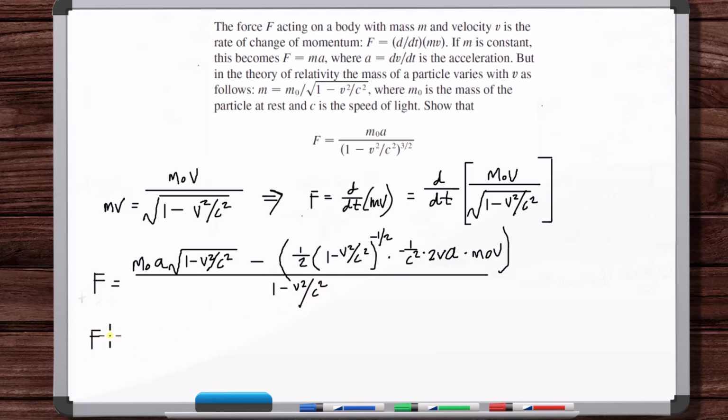Okay. So we've got, and then minus and minus make this plus. These 2's cancel. We've got m naught v squared a over c squared times.